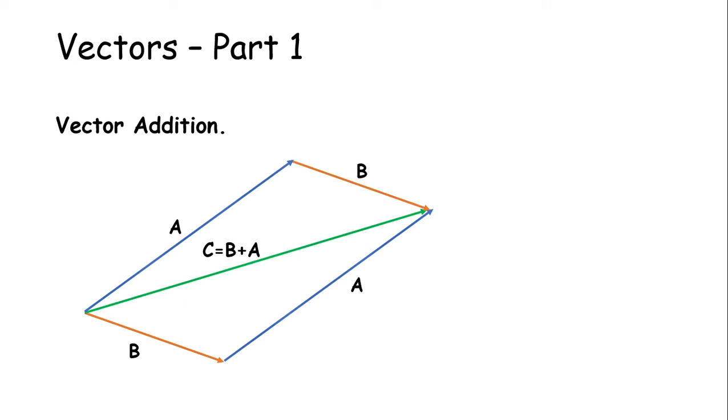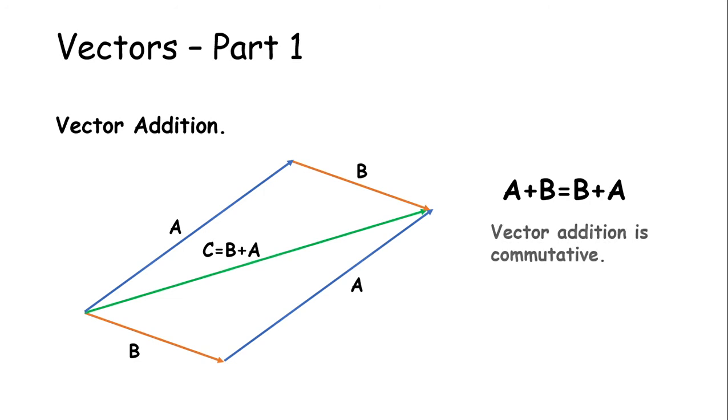That is, moving along A and then along B gives the same vector as moving along B first and then along A. And so we can conclude that the sum of the two vectors A plus B is the same as the sum with the two terms reversed. Mathematically, this means that the addition is commutative. So we can conclude that vector addition, just like number addition, is commutative.